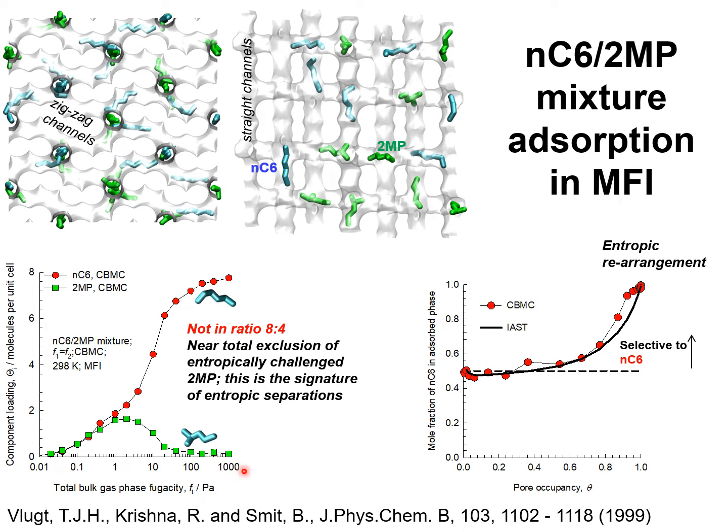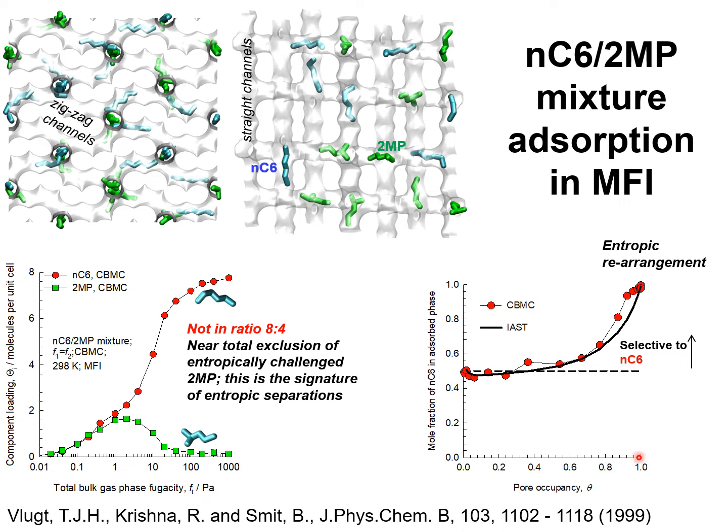Remember that the mole fraction of the bulk gas mixture is maintained at 0.5 because the partial fugacities are maintained equal to one another in the bulk gas mixture, and therefore a value of the mole fraction in the adsorbed phase larger than 0.5, as observed beyond a pore occupancy of, say, 0.5, means we have a selectivity towards normal hexane.